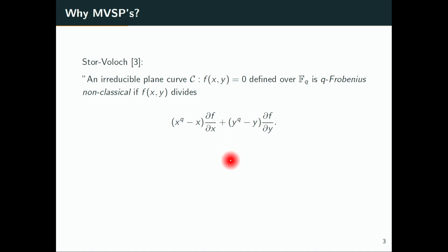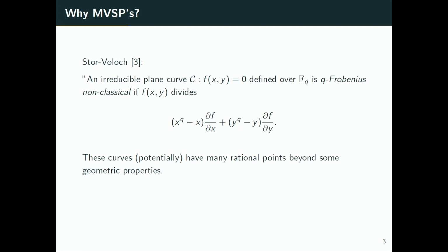So here are just the partial derivatives with respect to x and y. And these curves are quite rare. Most of the curves won't have this property, but they have many interesting properties.